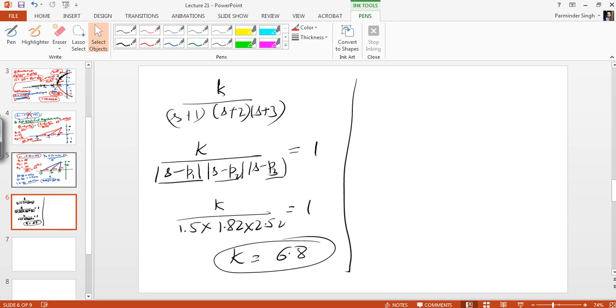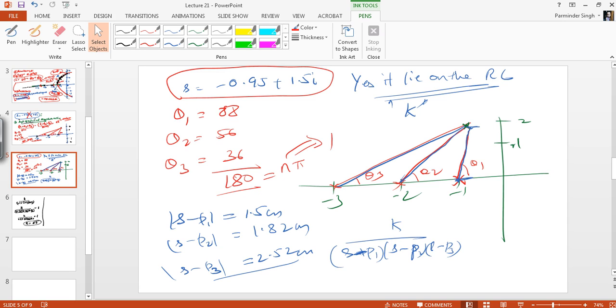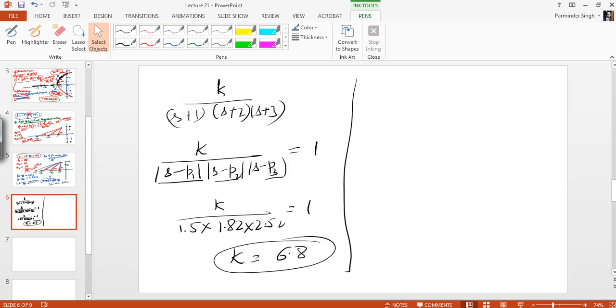Now suppose there is any zero over here, sorry, suppose this is the zero at minus 4. So we measure this distance. Let's say s minus z1 is somewhere around 3.5 centimeters. So in this equation, that is s plus 4, that is s minus z1, the distance is 3.5 centimeters, so it will be divided by 3.5.